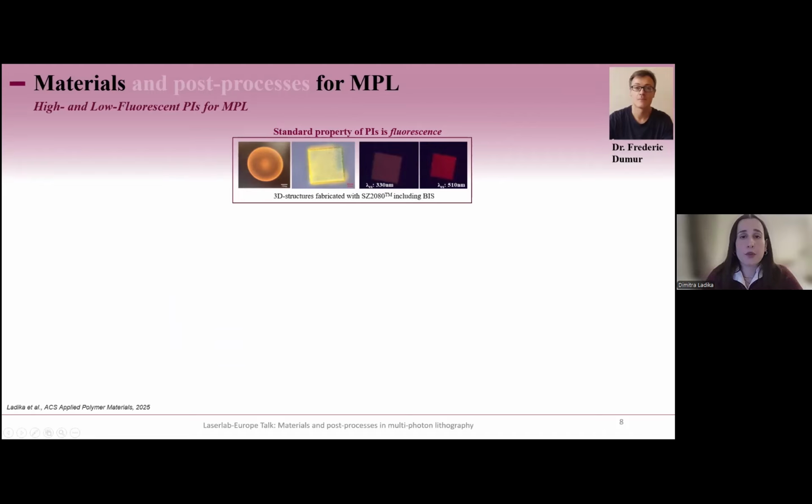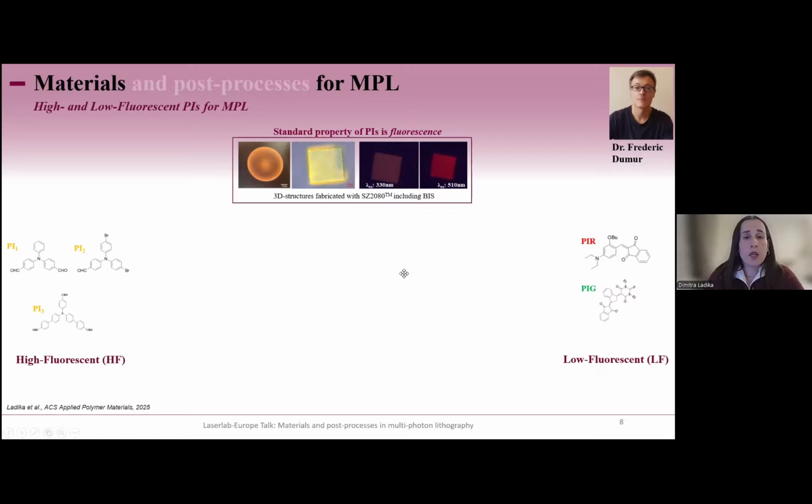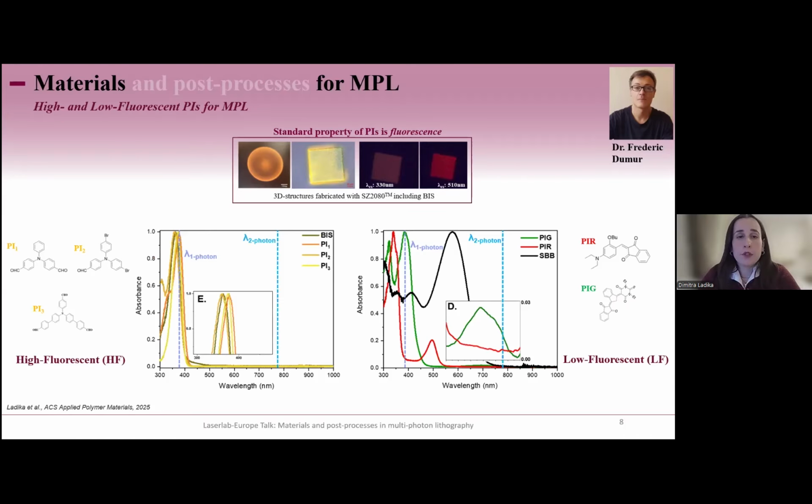For this reason, with our collaborator, Dr. Frederick Dumour, who developed lab-made photoinitiators, some high fluorescent ones and low fluorescent ones, we study their properties in order also to understand what's happening when high or low fluorescence is taking place. Starting with the UV-Vis absorption spectra of the PIs, we can see here that the high fluorescent ones exhibit a kind of similar behavior.